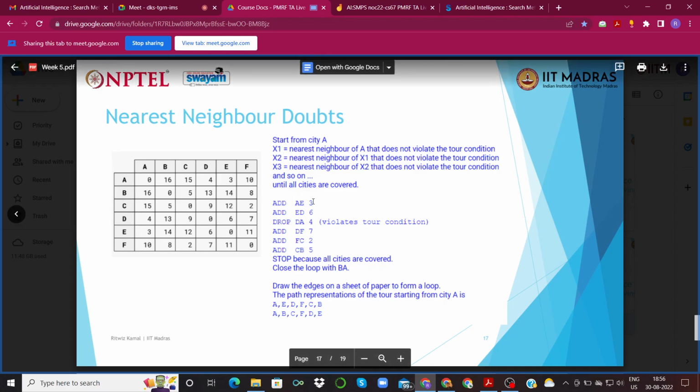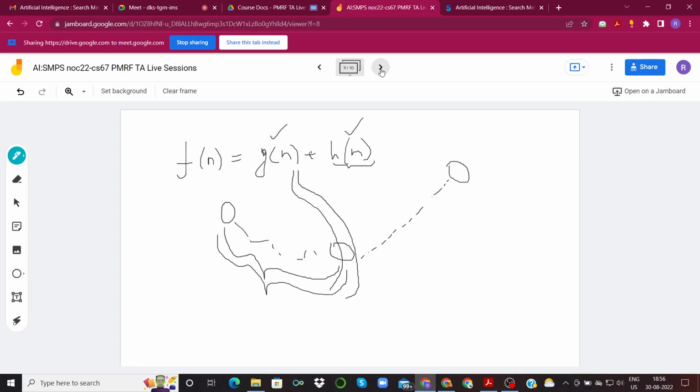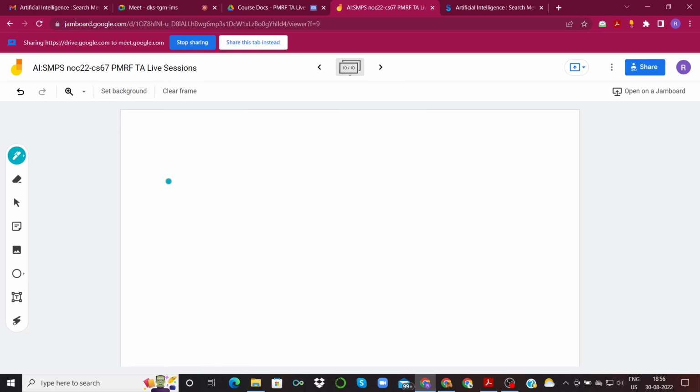Now let me just draw the graph, so maybe that will be clearer. You drew this edge AE with cost 3. Now you have to decide where to grow from E.